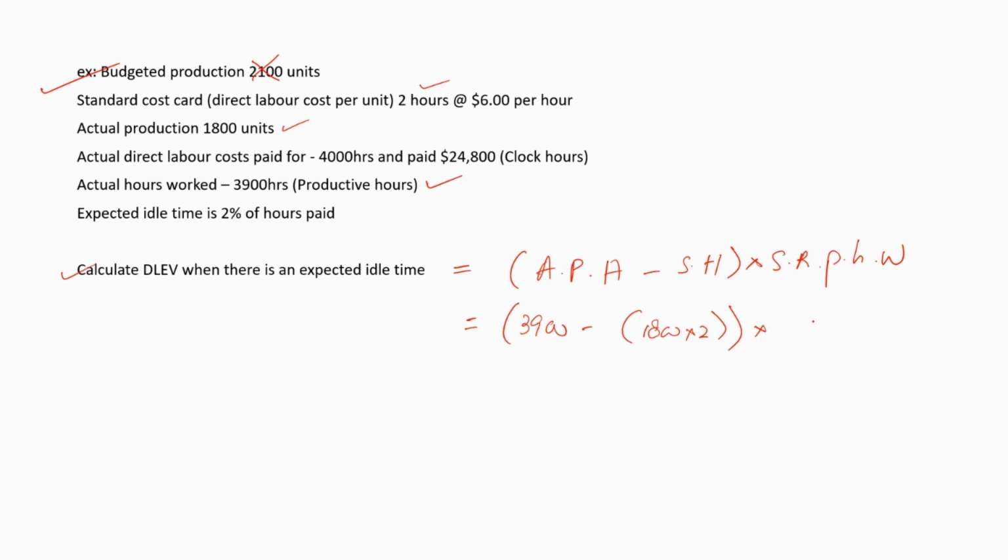This is equal to the standard rate divided by the efficiency ratio. They have given us the expected idle time is 2%. So 100% minus 2%. We calculated this figure, which is $6.12 per hour worked. So the direct labor efficiency variance when there is an expected idle time is equal to $1,830. This is a positive value, so this is a favorable value.